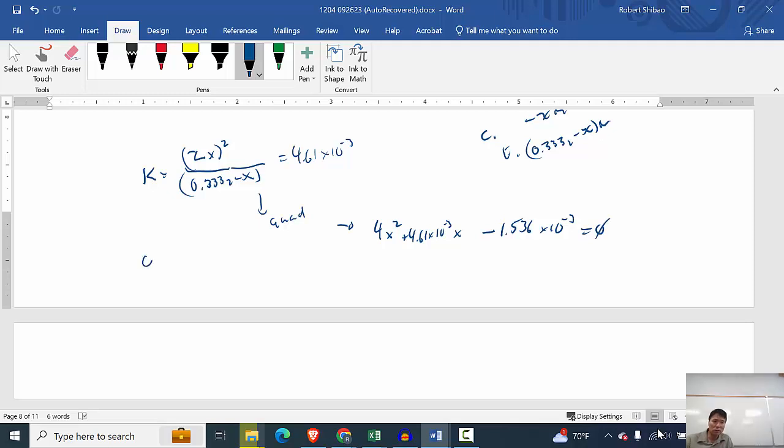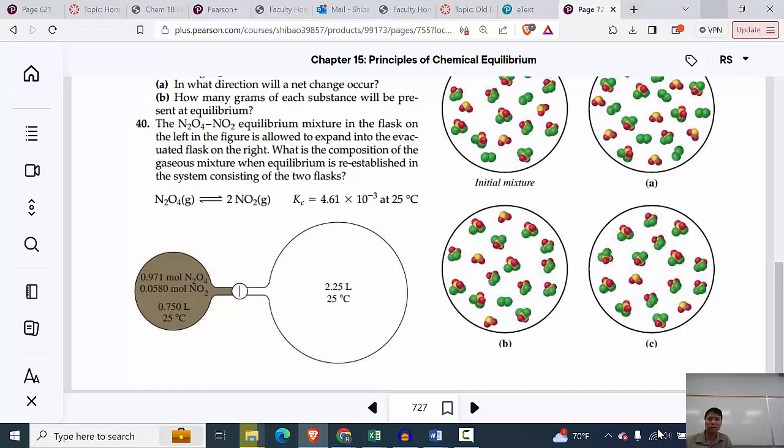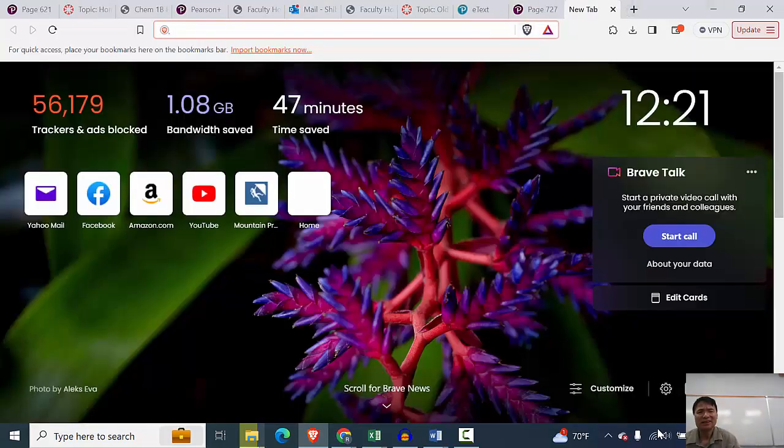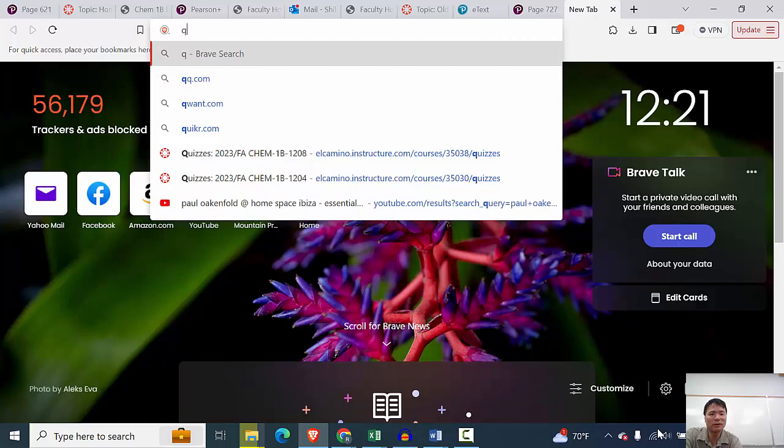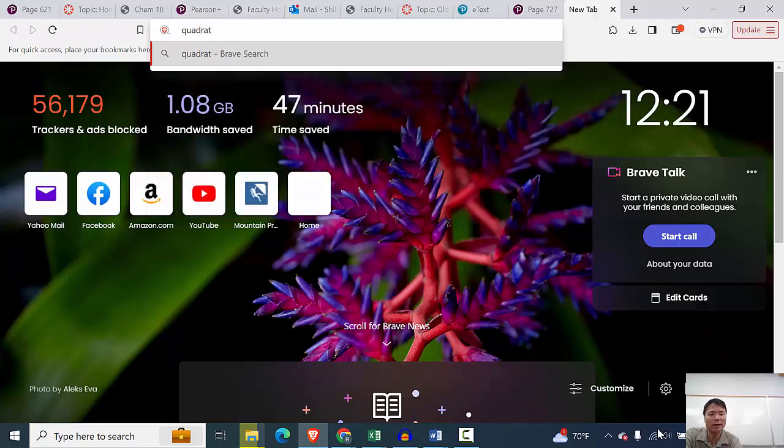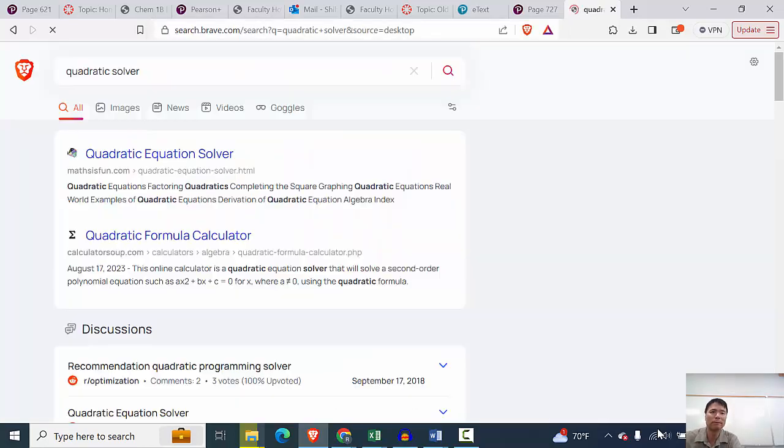Then I'm going to use the quadratic solver on my calculator. It's going to ask you for A, B and C. Or if you're at home doing homework, you could just bring one up online. There are a bunch of quadratic solvers online.